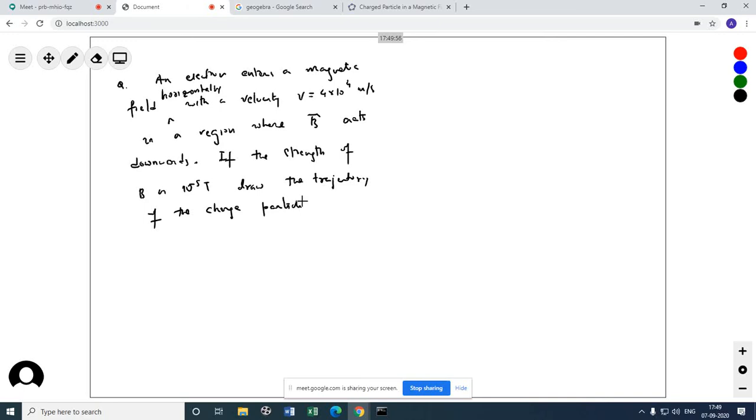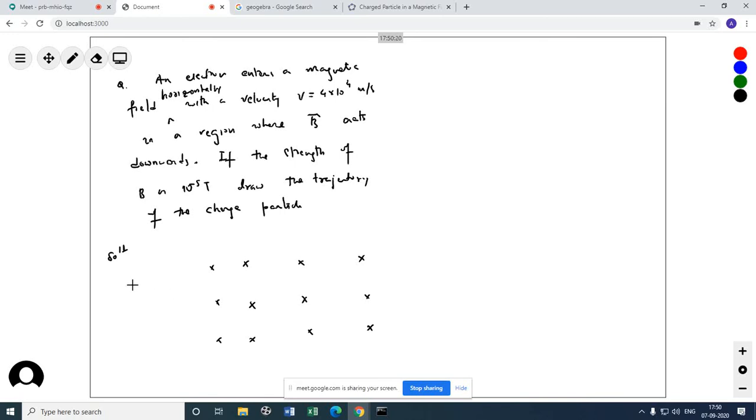You have to draw the trajectory. What is its radius? This is the magnetic field. We need to find its radius. Let us find the radius first and then see.